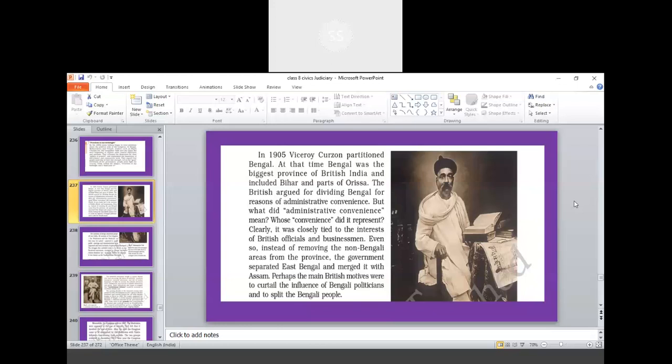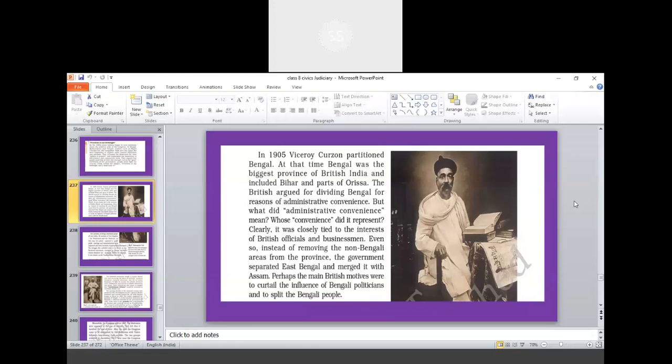Present-day Bangladesh has a greater concentration of Muslim population. So the British wanted that if Bengal is divided into East Bengal and West Bengal, naturally the unity among the Hindus and Muslims will be divided. If unity is divided, that will weaken the freedom struggle.